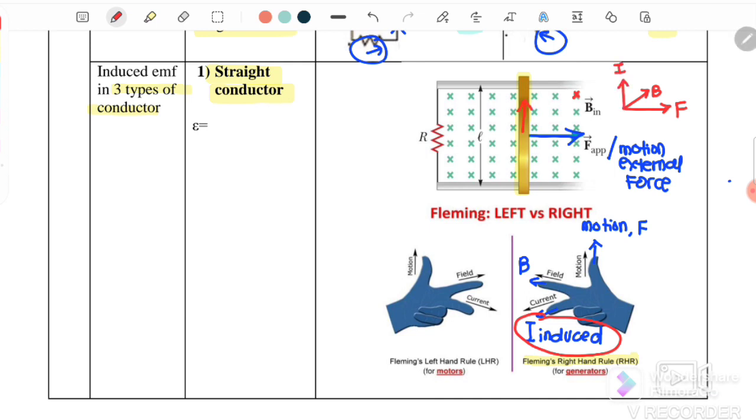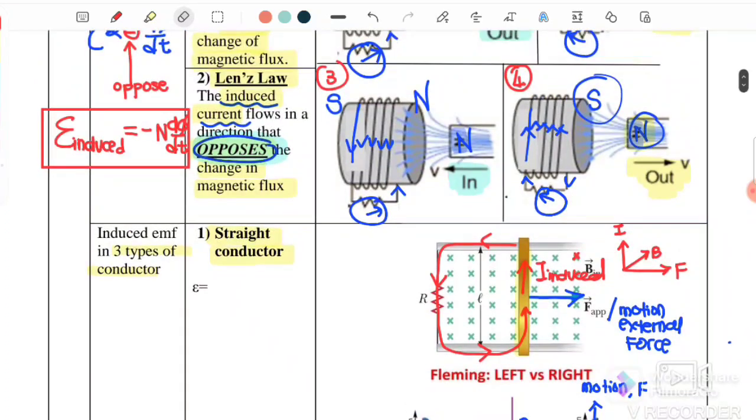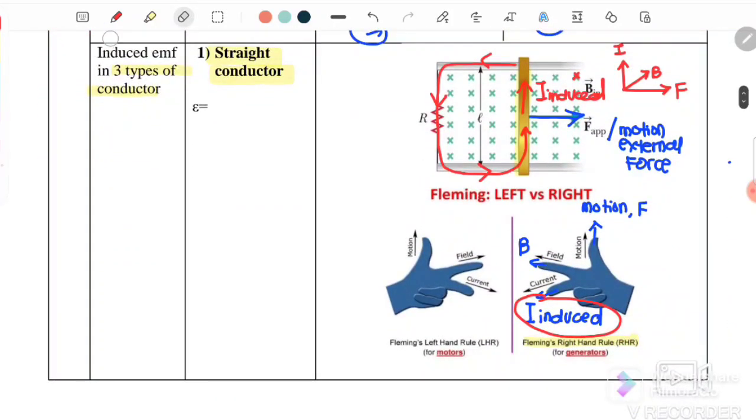When it is flowing upward, it will move in an anti-clockwise direction, because if it turned to the right, it would not be a complete circuit. So it will turn in an anti-clockwise direction. This follows Lenz's law, which says that the induced current flows in a direction that opposes the change in magnetic flux. The I induced direction is acting upward.